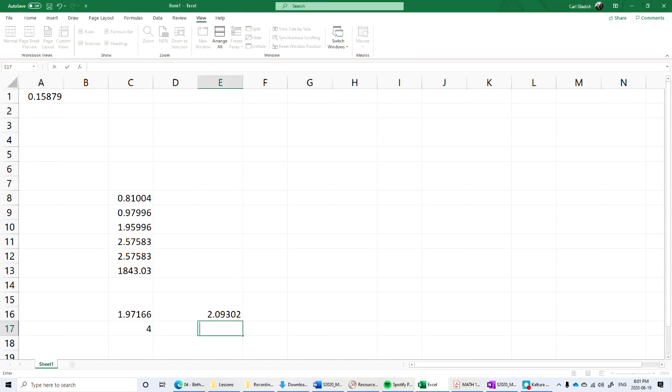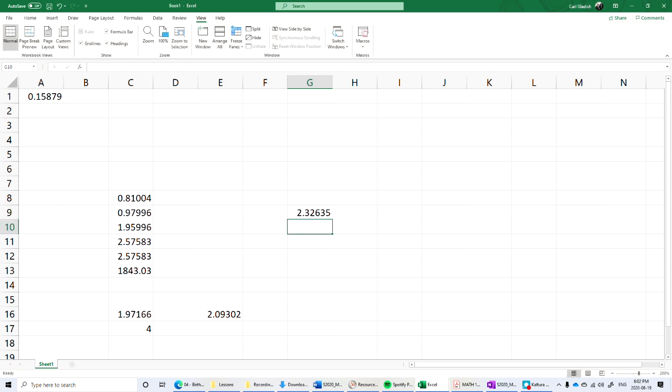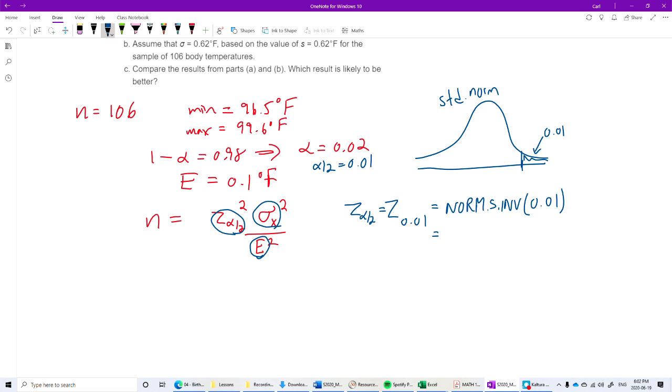We're just doing the things we know first. Equals norm.s.inverse of 1 minus 0.01. Almost got that wrong. That gives 2.32635.